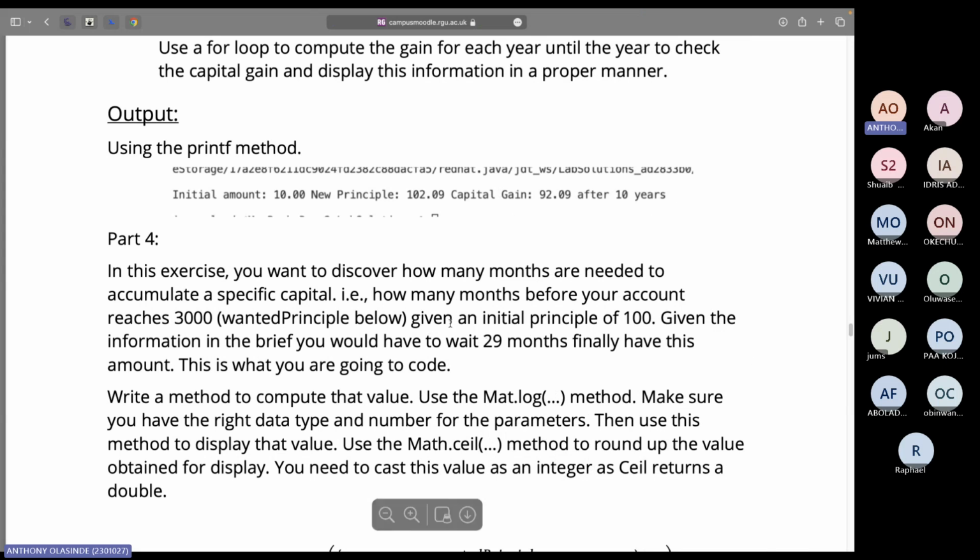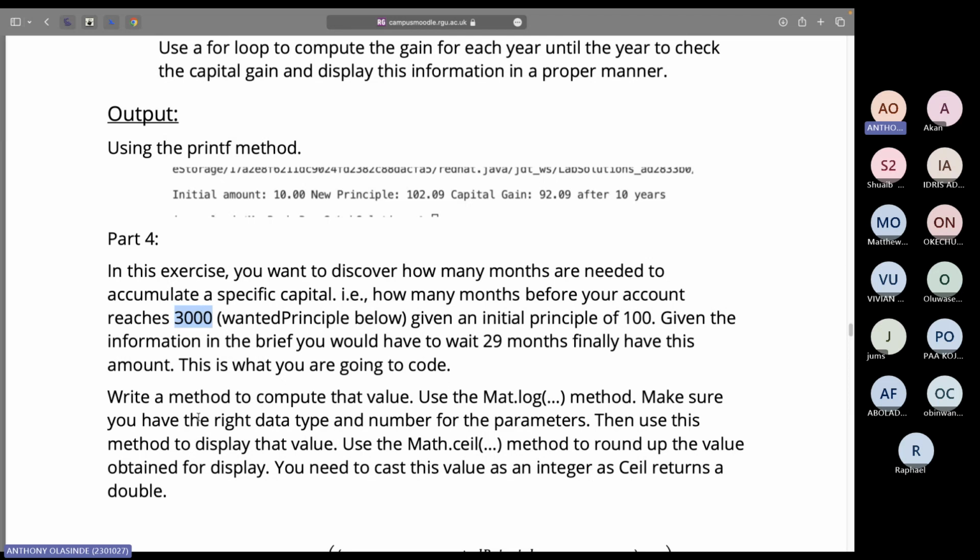So given an initial principal of 100, given the information in the brief, you would have to wait 29 months to finally have this amount. So if you have 100 originally, and you have an interest of 4.5, you will have to wait for 29 months for you to have 3,000 in your account.